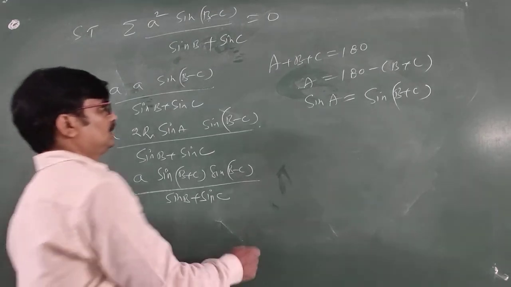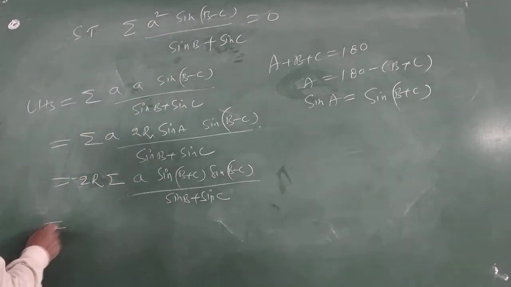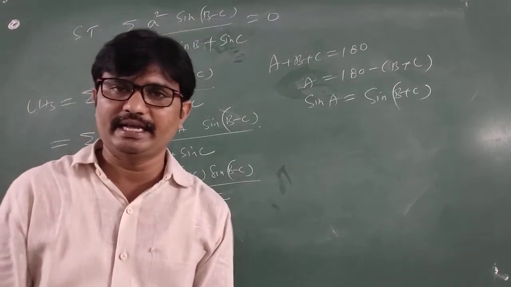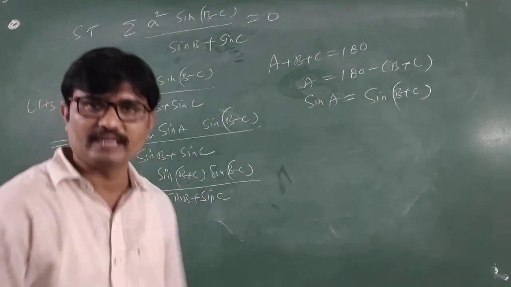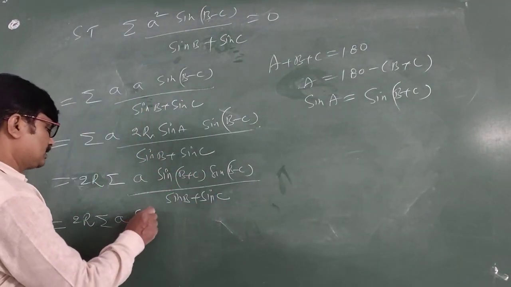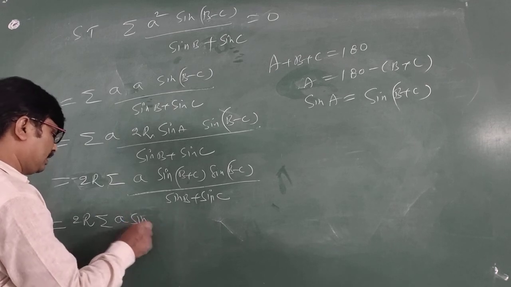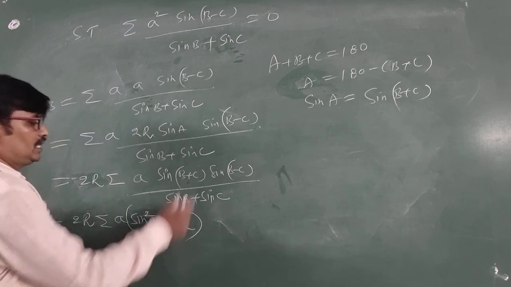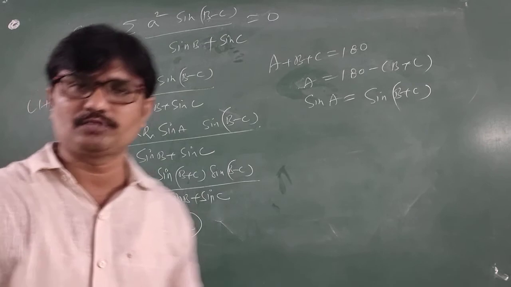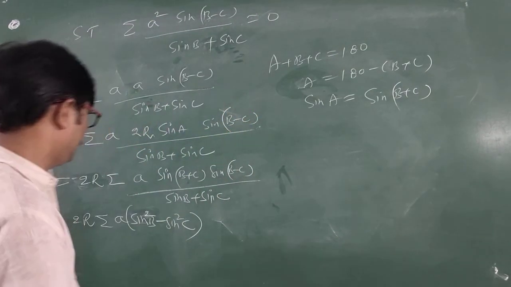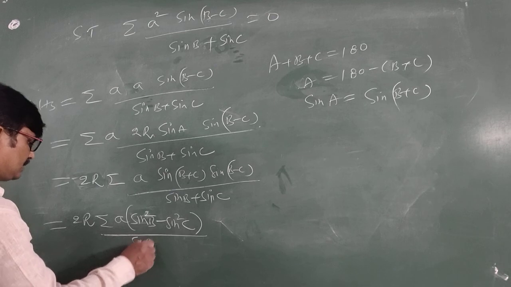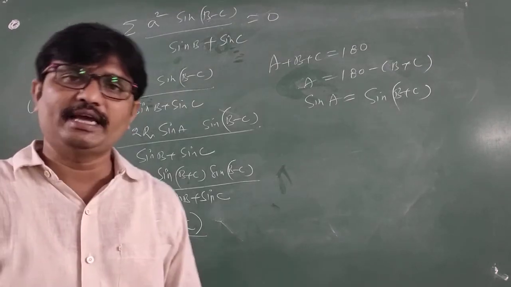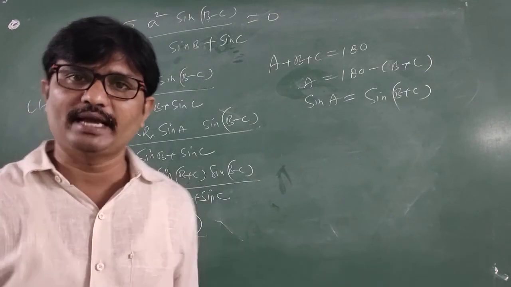Now, students, this we can write as 2R sigma a into sin B plus C into sin B minus C, which is sin square B minus sin square C. We know that sin of A plus B into sin of A minus B is sin square A minus sin square B, whole by sin B plus sin C. Now, students, we have to compare with x square minus y square, that is x plus y into x minus y.